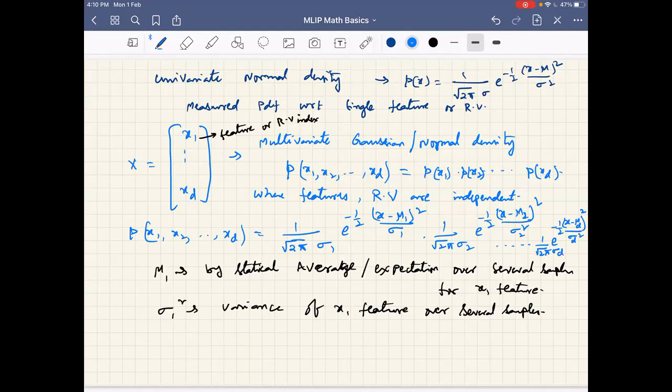The product of all these univariate Gaussian densities will now give us the multivariate Gaussian density. Is there any mistake here?